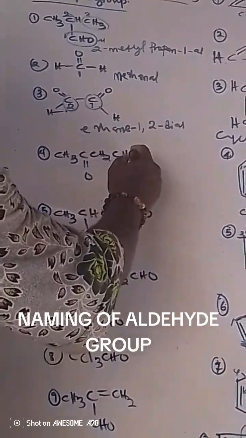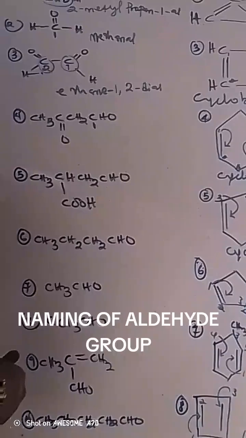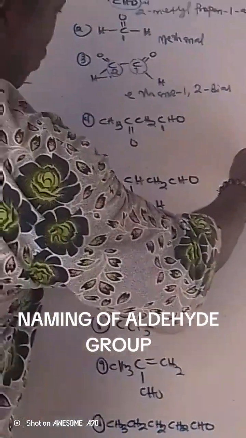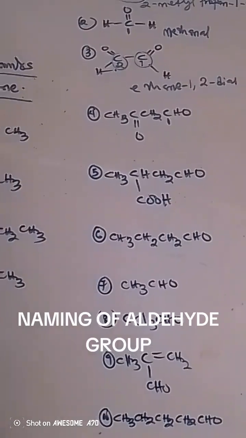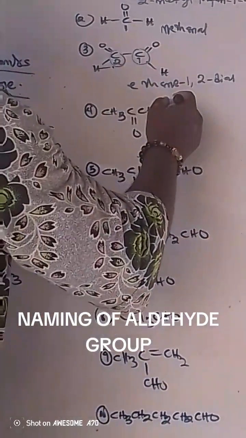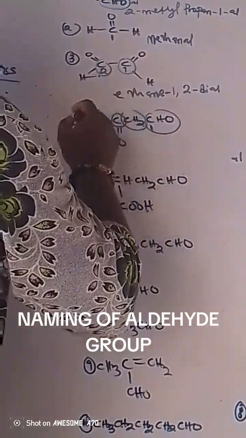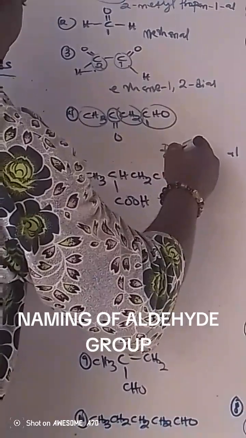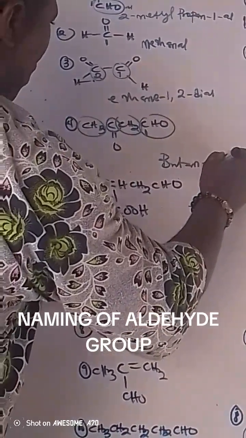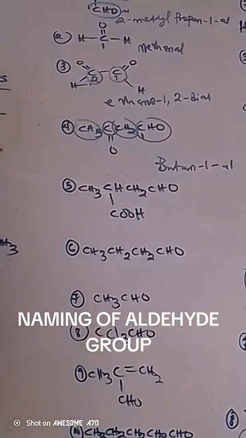Whenever you are naming, the name will end with the principal functional group. Let me first write how we end the name. You have methane, ethane, propane, butane. So let me now say butan-1-al. Do you understand me?